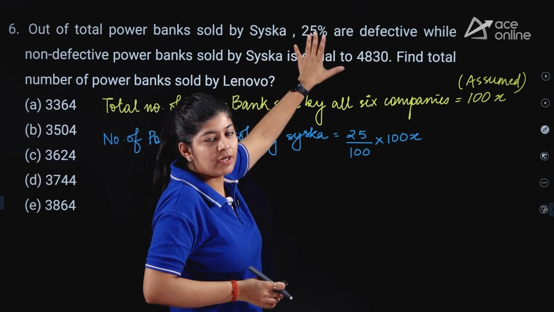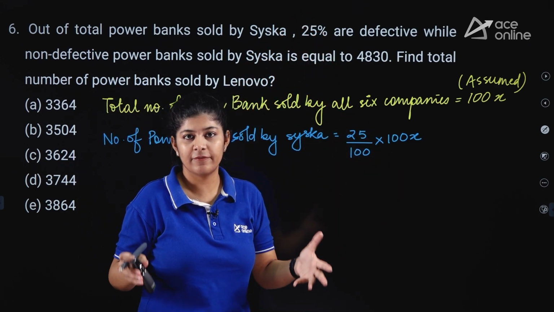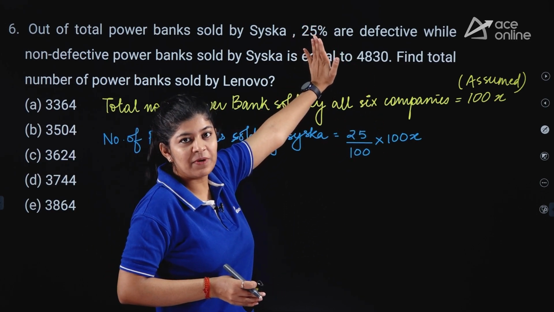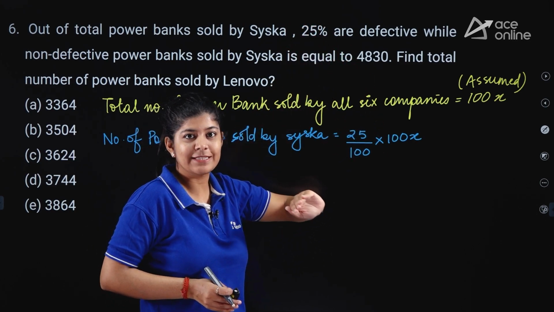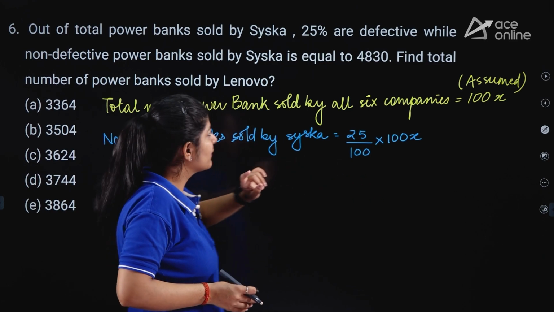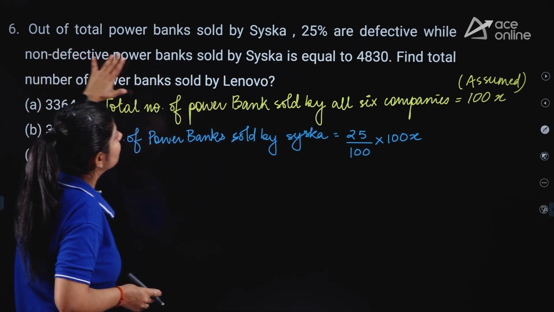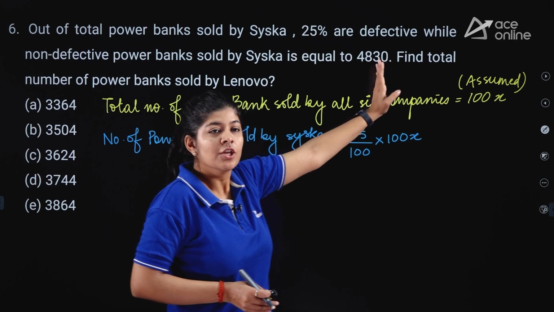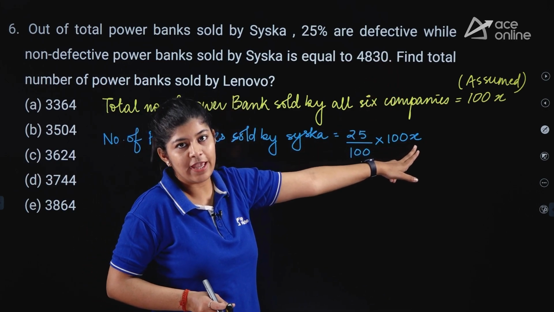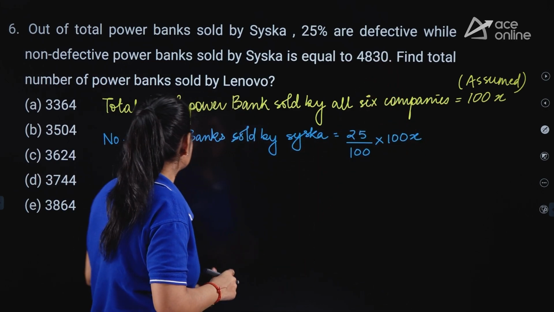So basically, if in the lot of 100% values, the 25% are defective, that means the remaining 75 are non-defective, and the value of non-defective power bank is equal to this one. So can we get the value of x from this one? Yes, we can easily calculate it.